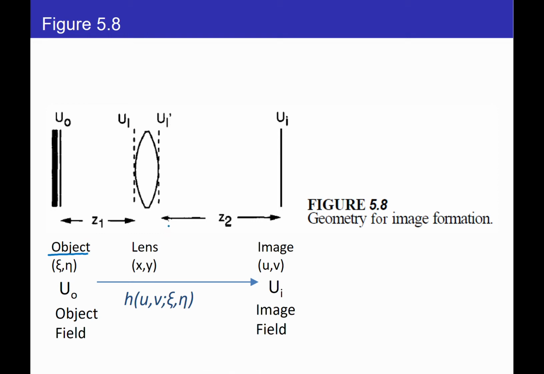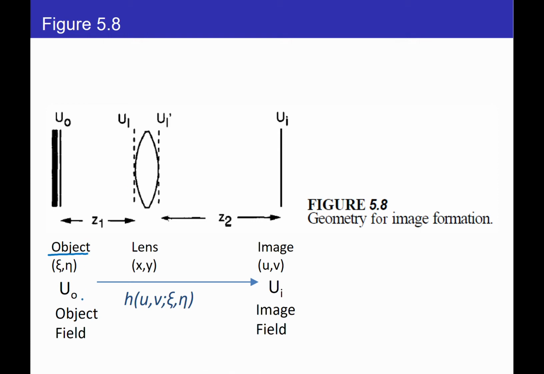And then we are going to talk about the free space propagation to z2, and then we get the image at the image plane, and the coordinate is going to be u v, and we have ui as the image field.